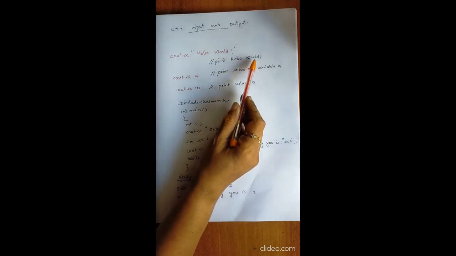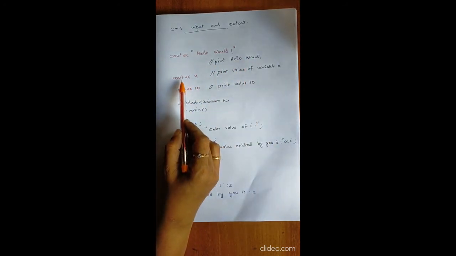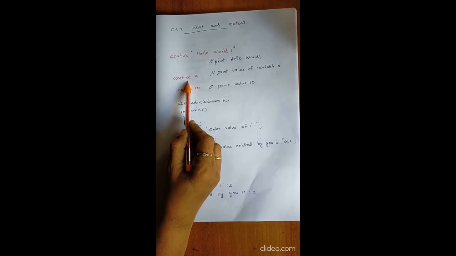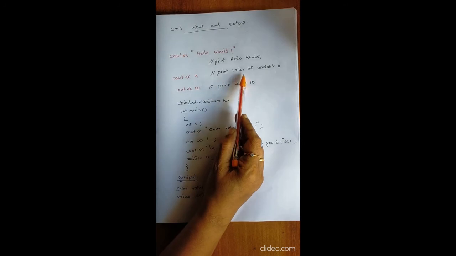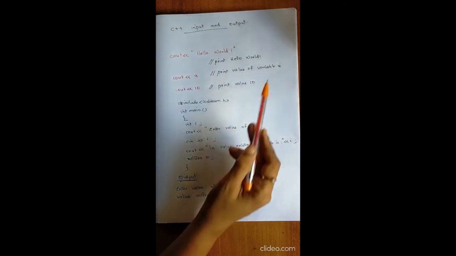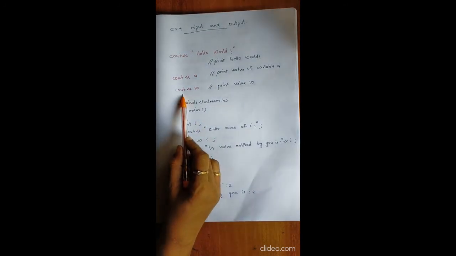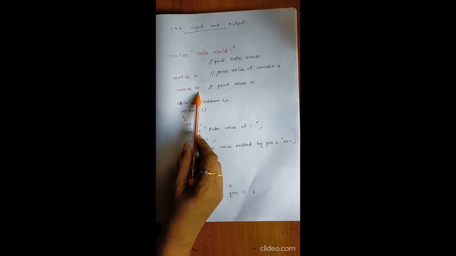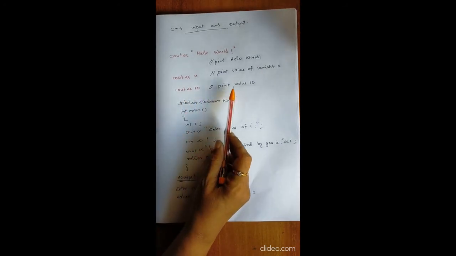And next, Cout insertion operator, a variable A. This is to print the value of variable A. And next, Cout insertion operator 10. This is to print the value 10. And multiple insertion operators may be chained in a single statement.